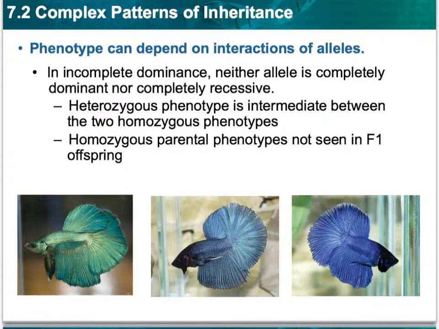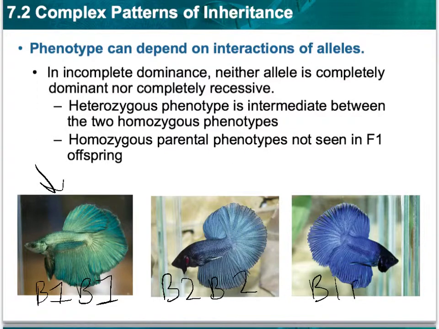So here we have another example of incomplete dominance in the color of betta fish being shown. So these are our cute little betta fish. When a green fish, and they call green fish being B1, is crossed with a steel blue fish, B2, all of the offspring have the heterozygous genotype B1, B2, in that blended color.